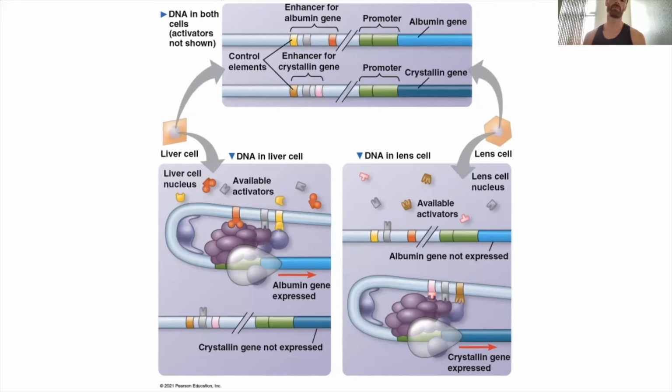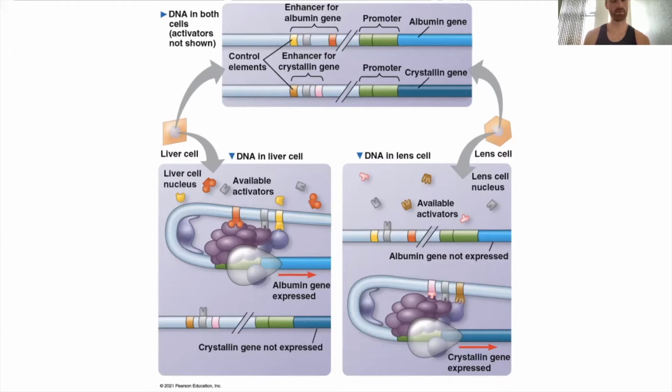This will make more sense when we cover transcription factors and transcription activators in eukaryotes. But let's look at the liver cell first. We're in the nucleus here with the DNA, and the liver cell has these available transcription activators.